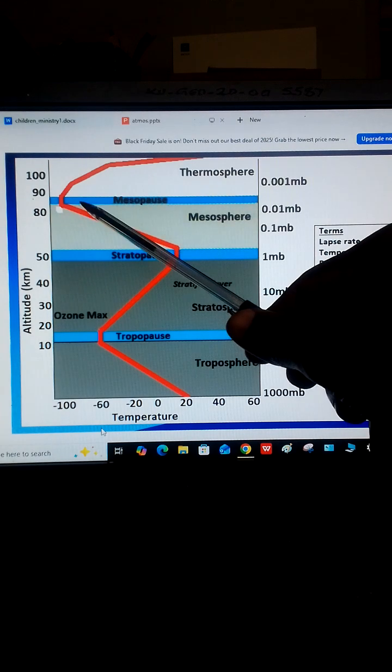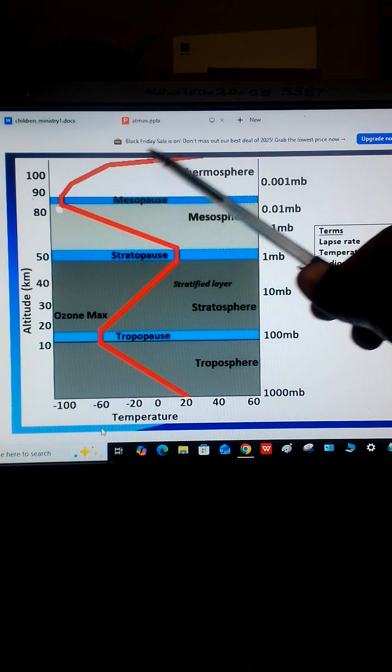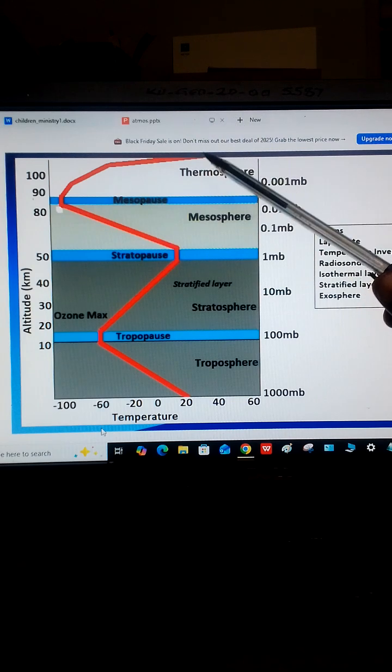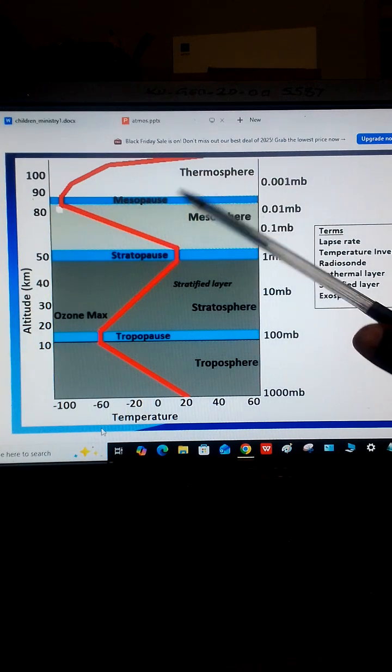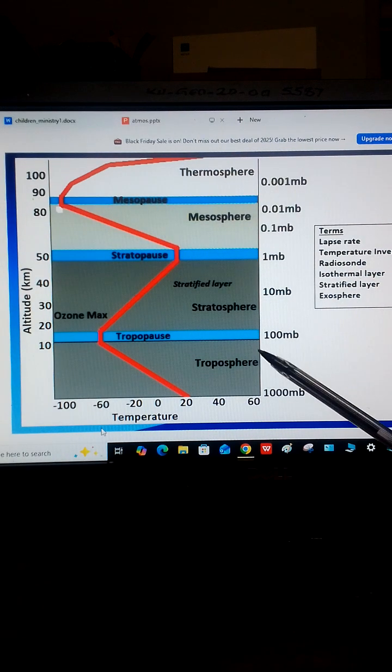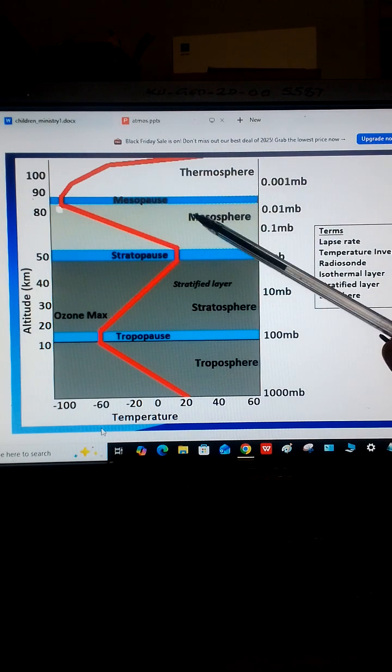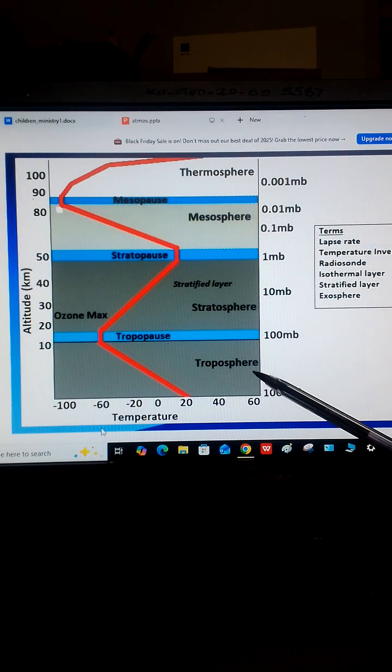So you can see in the thermosphere, temperature is increasing because oxygen molecules absorb energetic solar rays and warm the atmosphere. And then after that, we have the exosphere, where atoms and molecules are able to attain energy and shoot off into space. They attain what you call in physics escape velocity. They are able to overcome the gravitational pull of the Earth, and therefore they can escape into outer space.